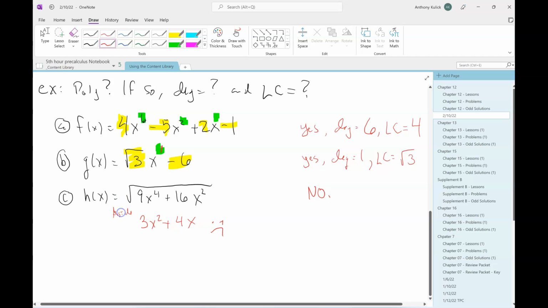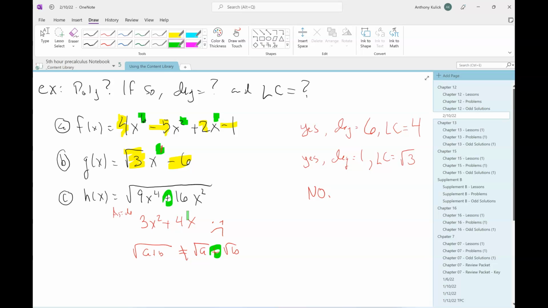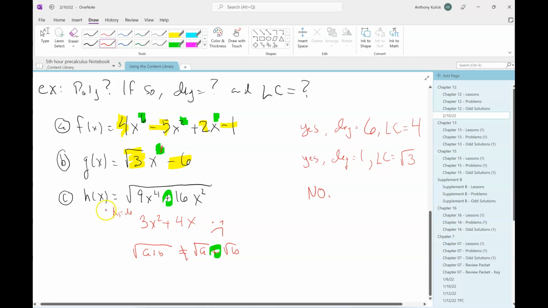This is like an aside here. Well, this is why. Because the square root operation doesn't distribute. So because we have that addition and subtraction symbol here, it doesn't allow me to break the square root like that. Again, that's like a little aside.